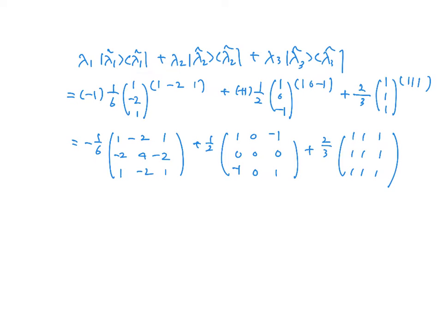So let's add them together. The first element: minus 1 over 6 plus 1 half plus 2 over 3.